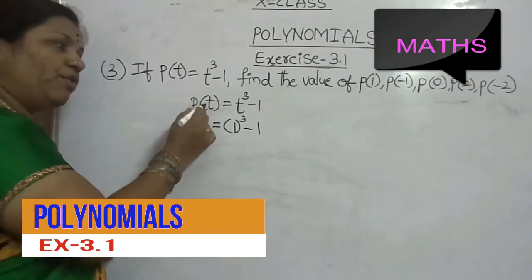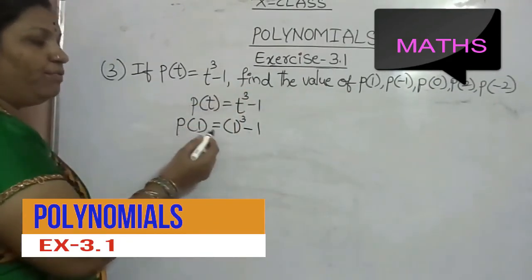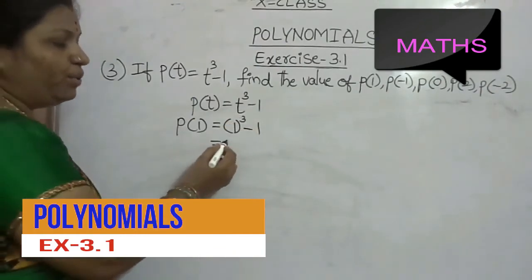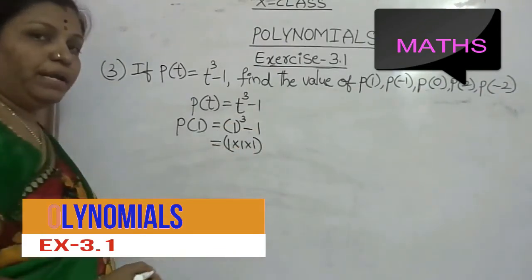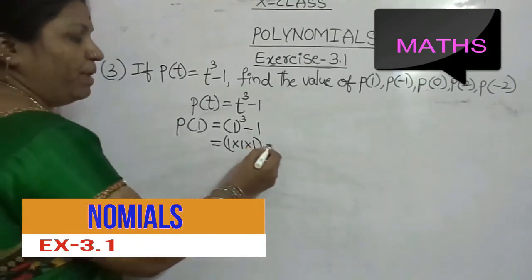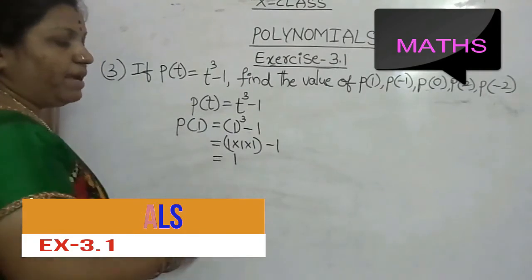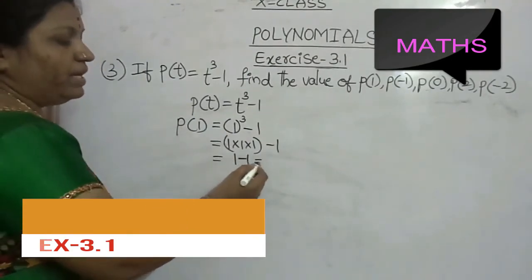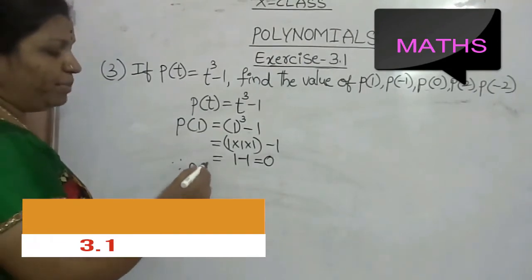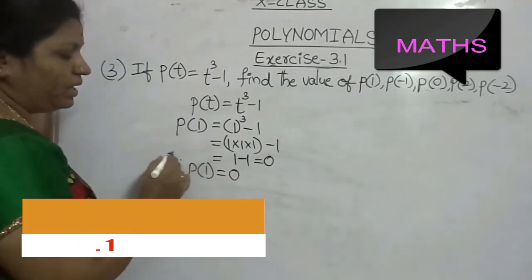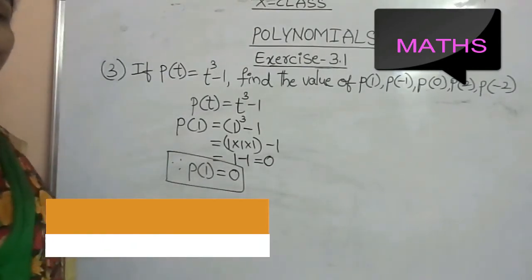Only in the place of the variable t, you write the given value 1. 1 cube means 1 into 1 into 1. We multiply 1 three times, then minus 1. 1 ones are 1, 1 ones are 1. The total value is 1. 1 minus 1 is equal to 0. Therefore p of 1 value is 0.